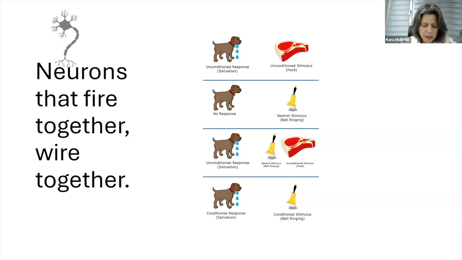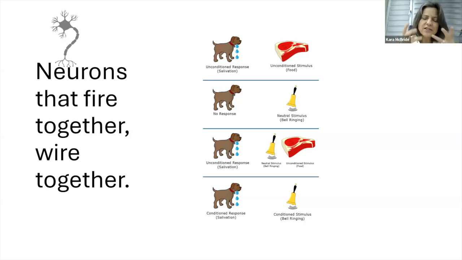Unfortunately, though, this also relates to trauma. For example, if a person has been through a very traumatic experience, if they've been in a war zone, if they've been around explosions, then any loud noise can cause trauma in that person because they have had that connection: loud noise, bomb.